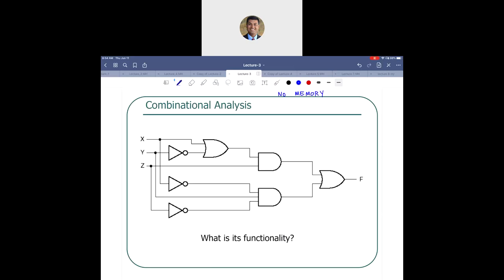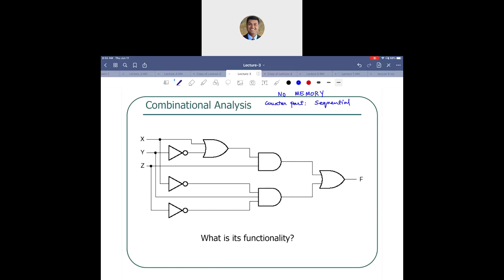What is the opposite, or the counterpart, I should say, of combinational circuits? It is sequential circuits or sequential analysis. Sequential circuits have memory in them, and the second half of our course will deal with sequential elements. For the first half, we are going to only look at combinational analysis, which doesn't have any memory in it.